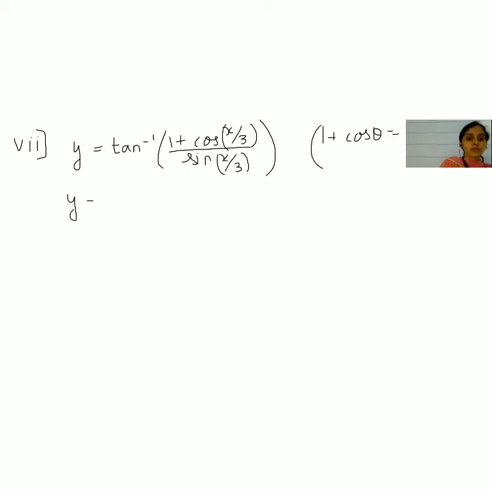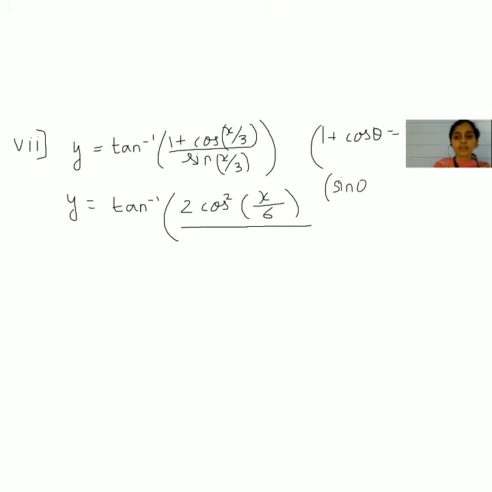So y is equal to tan inverse of, let us put the formula, 1 plus cos theta is 2 cos square theta by 2. So theta is x by 3, theta by 2 is x by 6, okay, divided by sin theta, half angle formula, where sin theta can be written as 2 sin theta by 2 cos theta by 2.